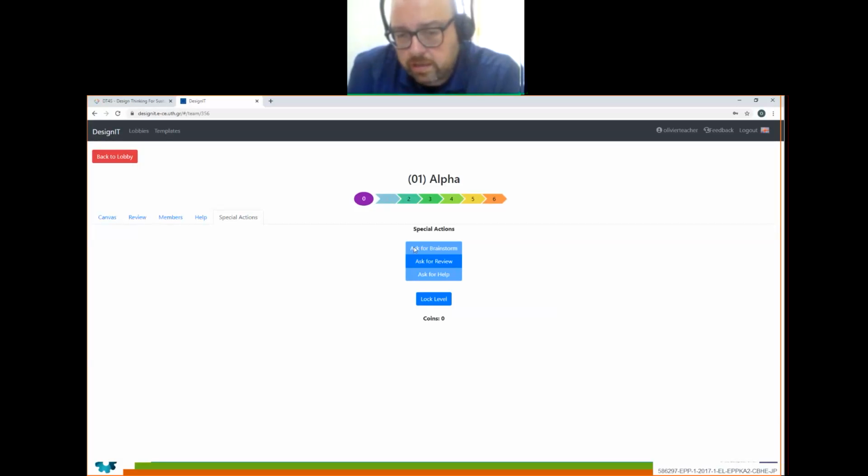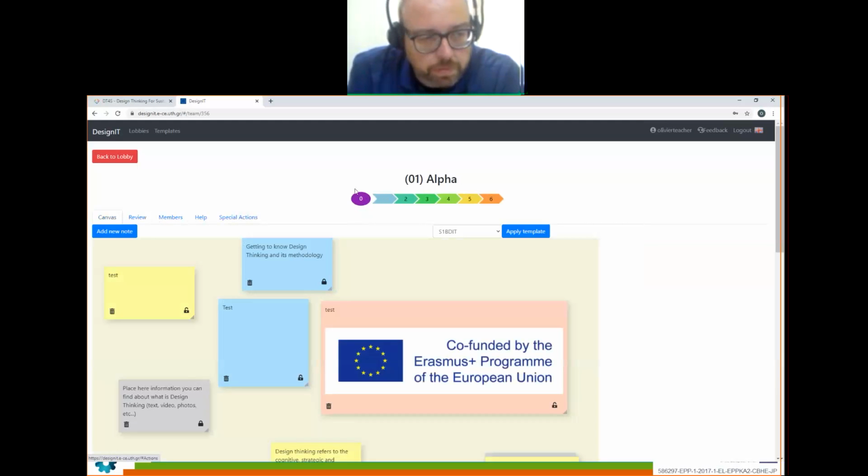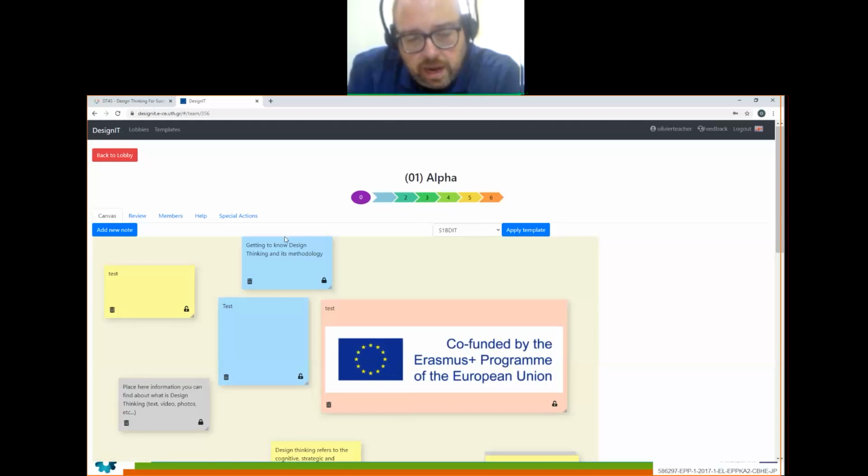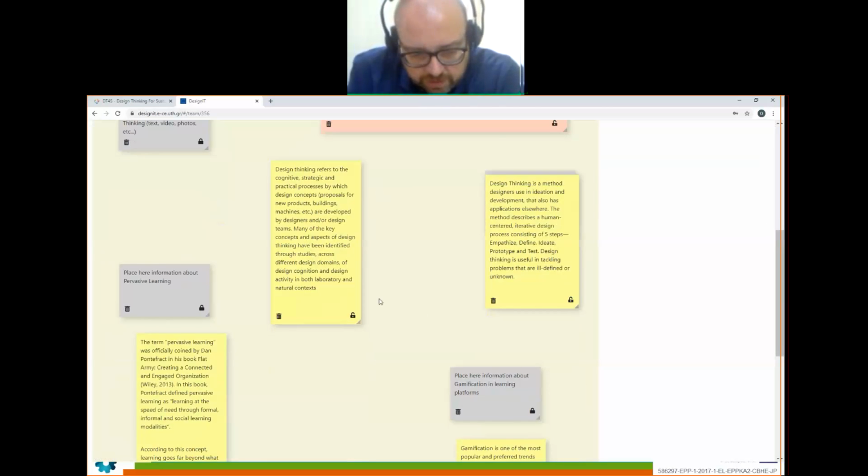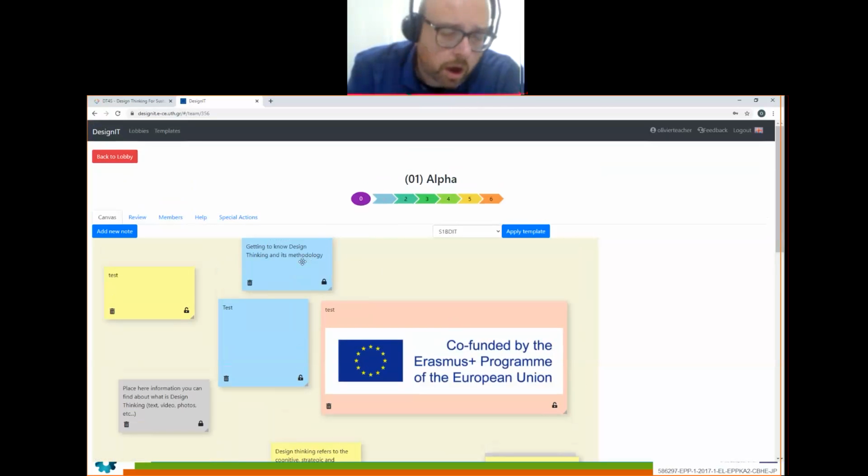Or you can ask for a brainstorm. A brainstorm is asking all the members of the other teams to help you with something. That's here, the phase step 0. Basically, this gives you an empty canvas like that, on which anyone who is a member of this class can contribute to whatever issue those students are having.